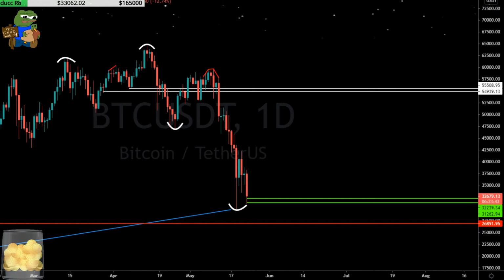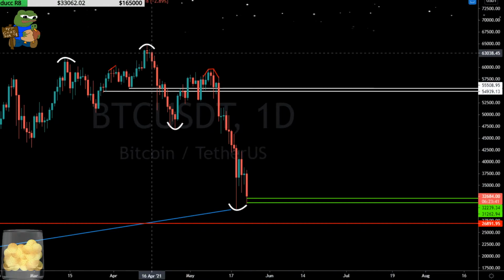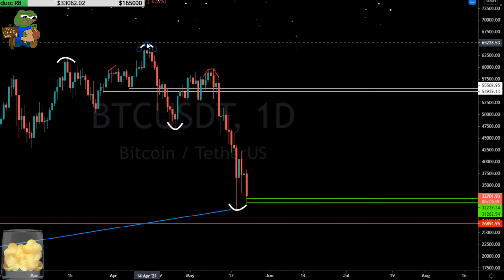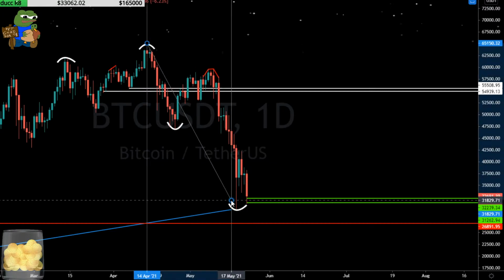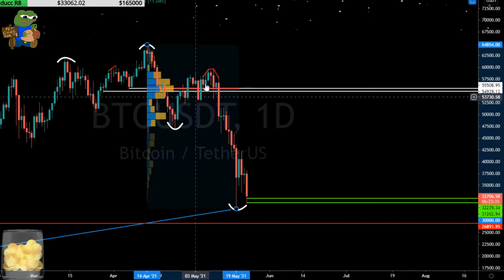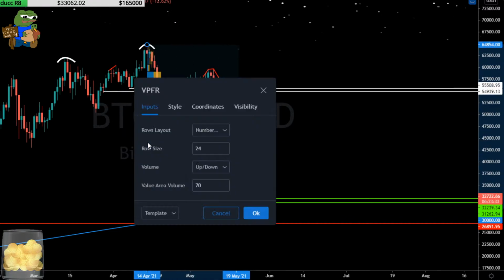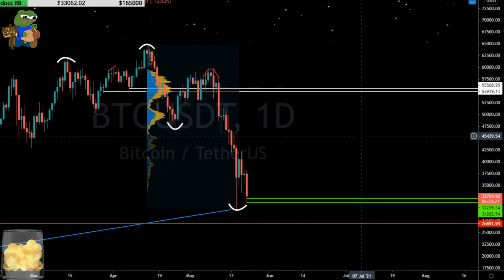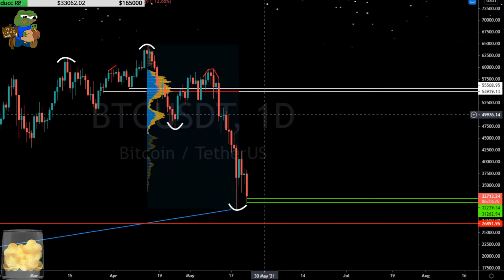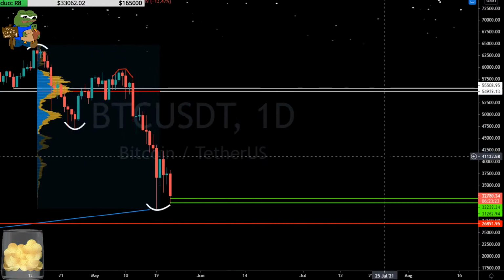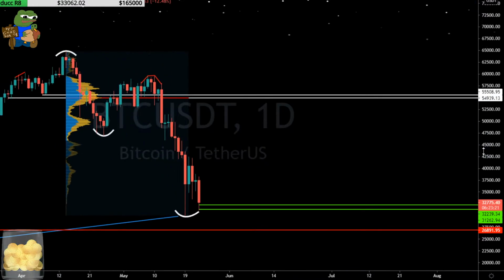Also, I don't really use this, but it's good to just be aware of where it is, okay? This is just simply a volume profile indicator. And it basically is hanging out right there at that 55 level as well, okay? Just right at 55.